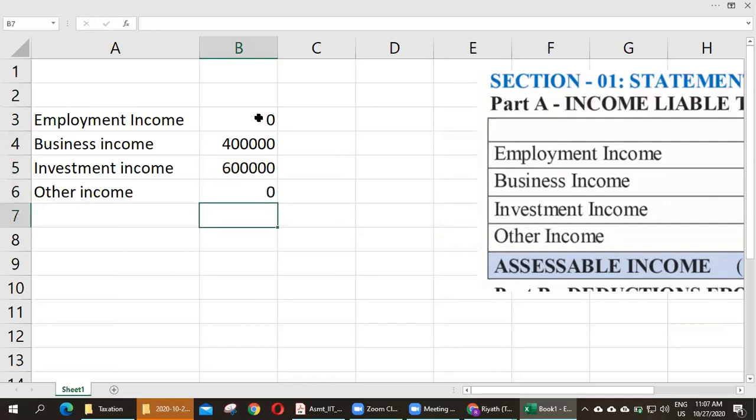Then how much is the assessable income? Please post the answer.